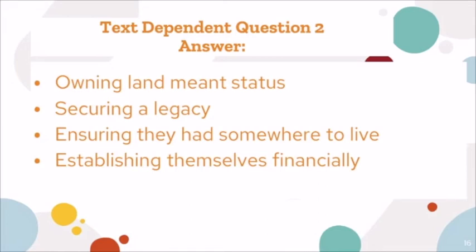Some other possible answers could be that owning land meant status, securing a legacy, ensuring they had somewhere to live, and establishing themselves financially. Those are all really great answers. Let's continue.